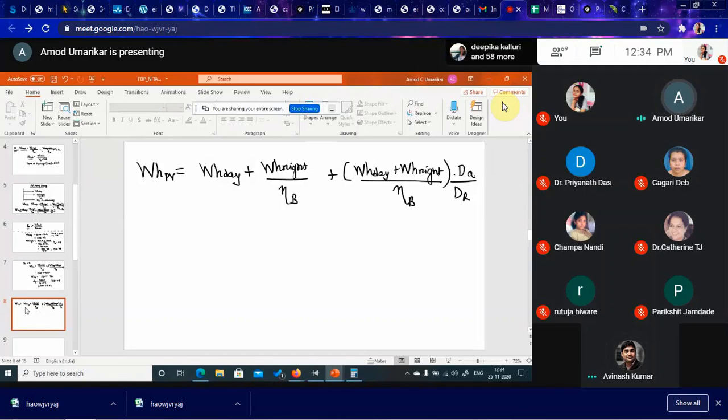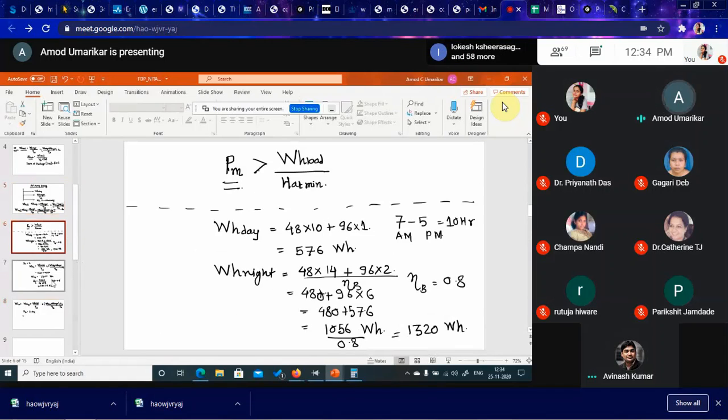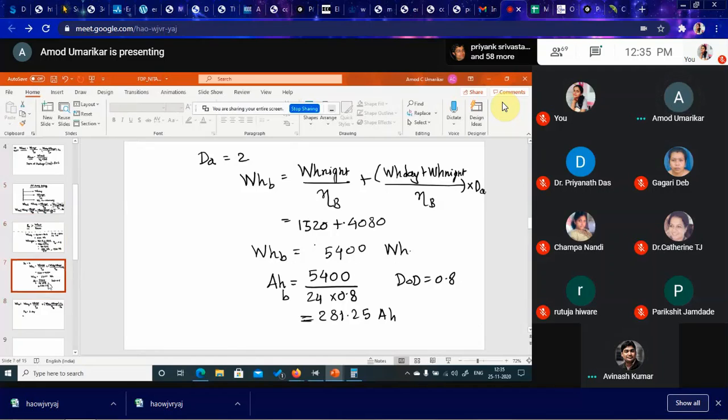Assume the recharge days are slightly higher, let's say 3 days it takes to recharge. Higher the recharge days, lower the PV size. So what are the Wh day we have found out? Wh day is 576, then Wh night is 1320, and the total is 4080 if we multiply by DOD everything.